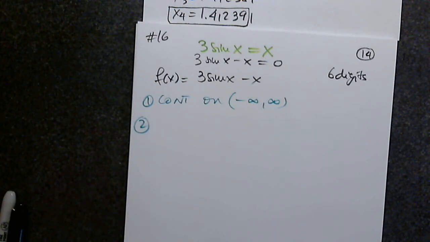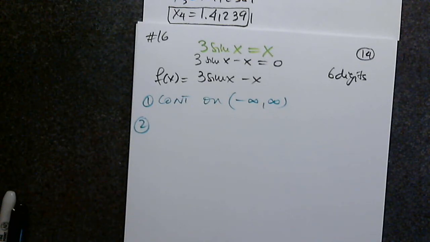Make sure your mode is in radians. So second in table, I'm going to plug in -1, and then 0, and then 1, and then let's say -2. Good. So I found a solution between what? Between 1 and -2.